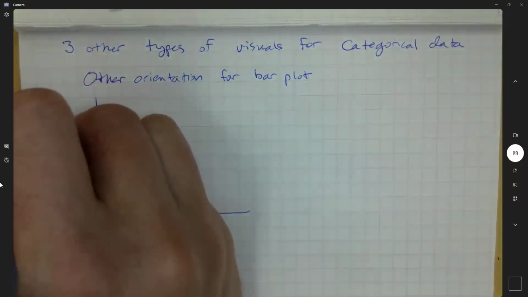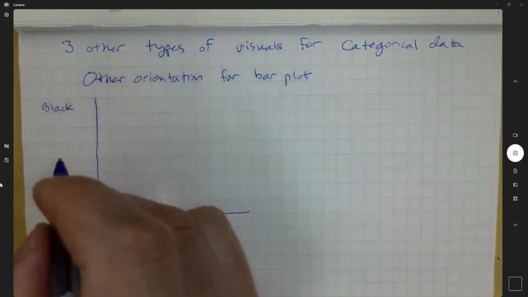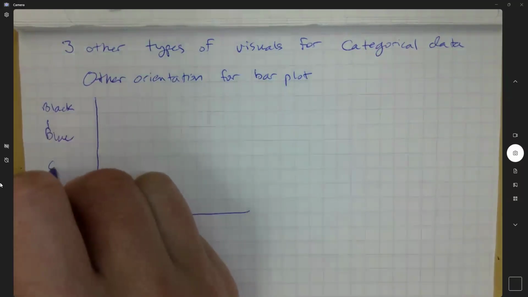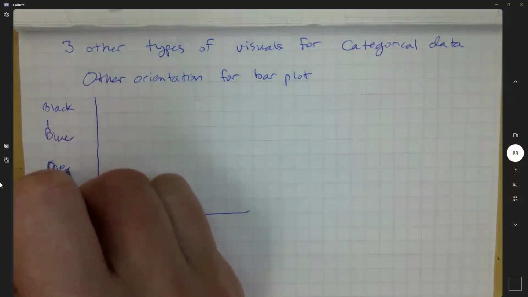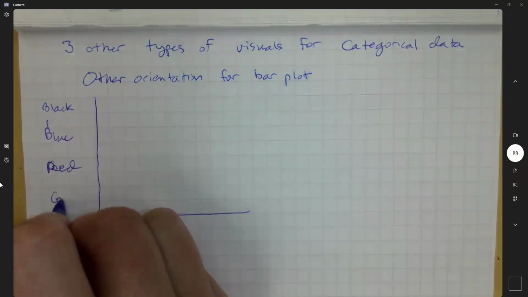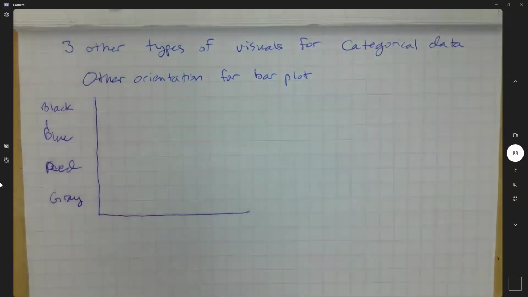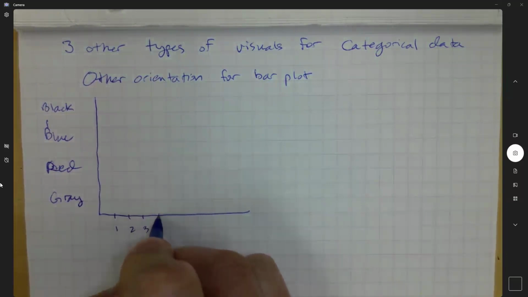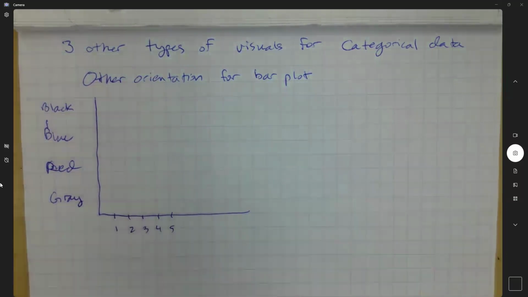So where you put the categories on the vertical axis, I'm just going to do 4 because I ran out of space. And the frequency on the horizontal.